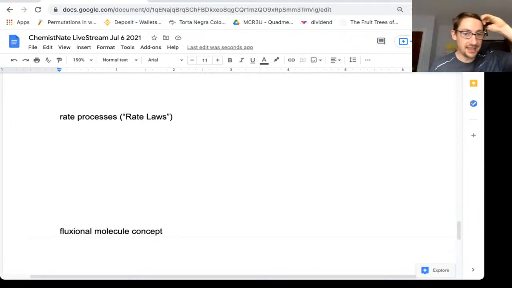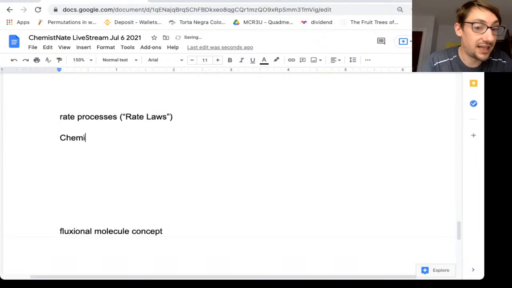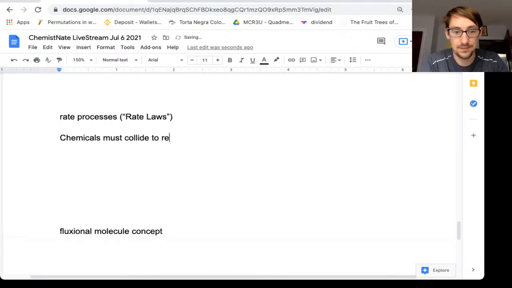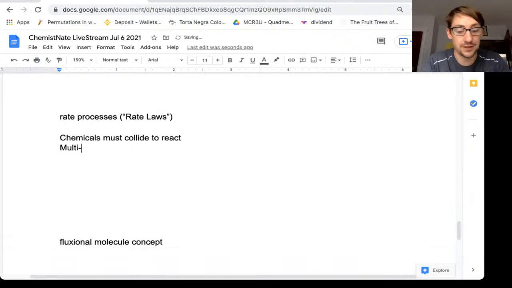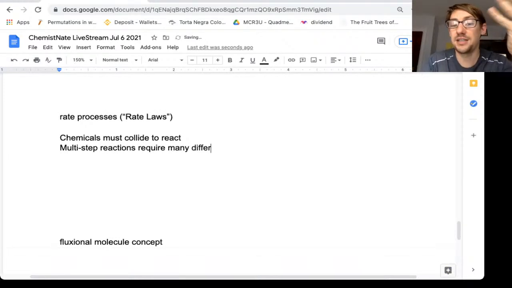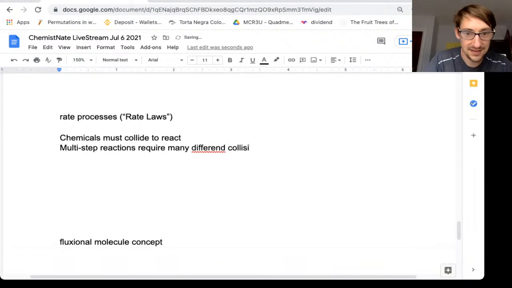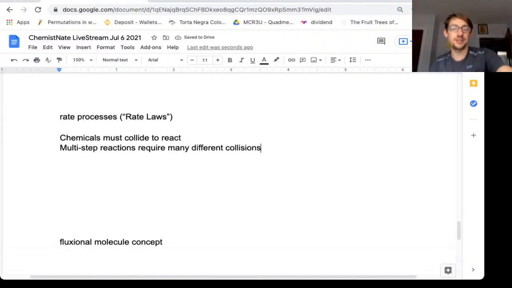Okay, here's the idea behind rate laws. Chemicals must collide to react, and multi-step reactions require many different collisions.